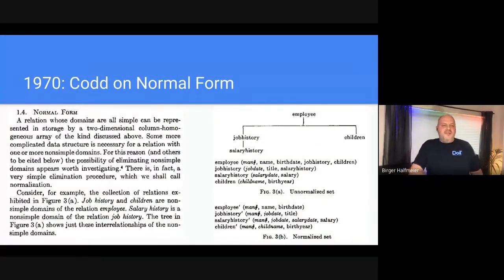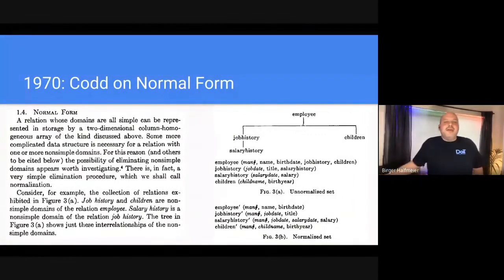What's even more fascinating, and I'm sure a lot of you who've studied any database subject at university would recognize this or something similar, was that already back in 1970, Codd talked about normal form.